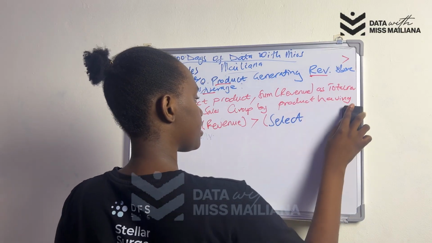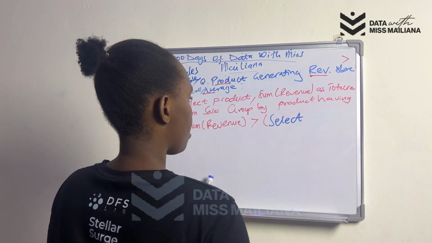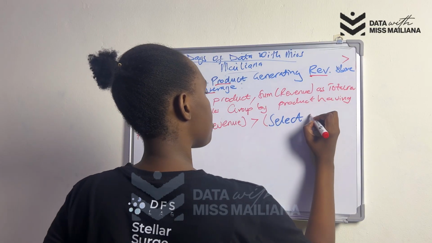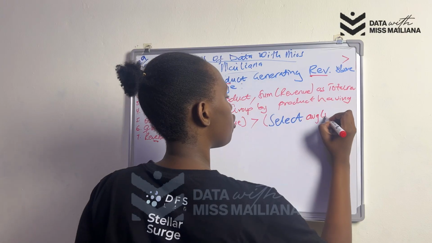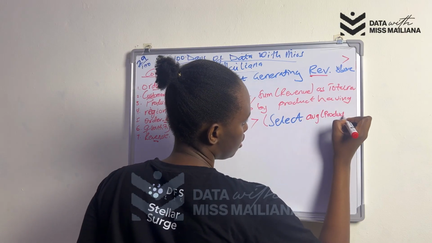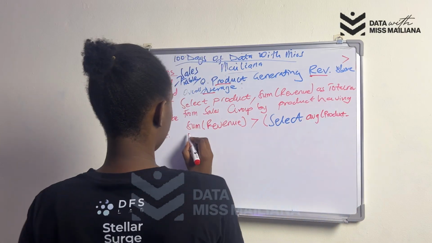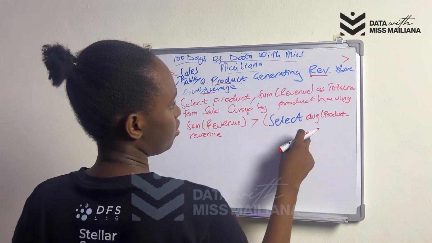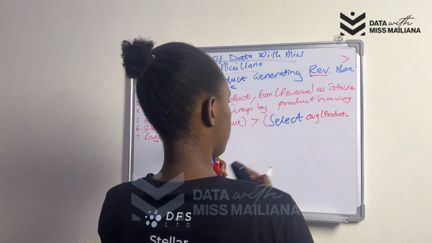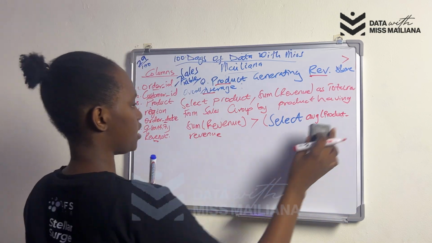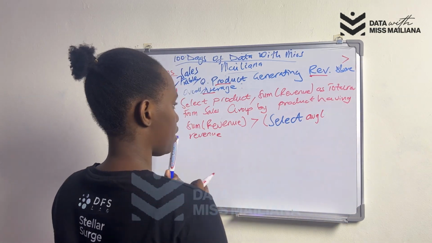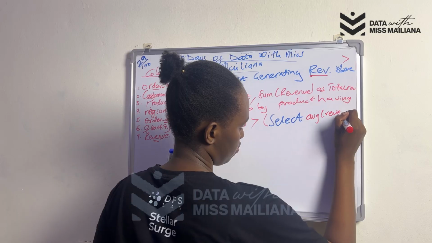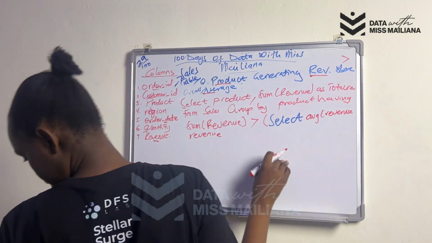So we select the average of product revenue. Or just revenue, okay. Let's use revenue because it's revenue that is here. So let's just use revenue. Let's not confuse ourselves.